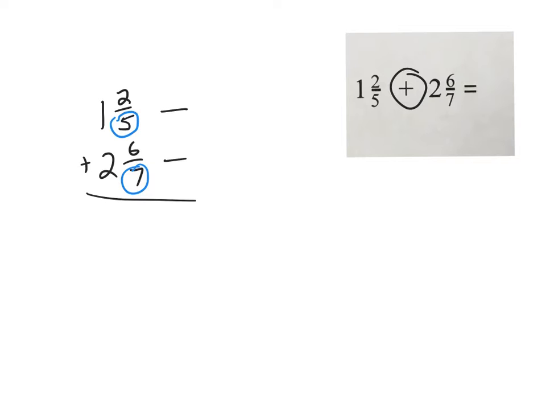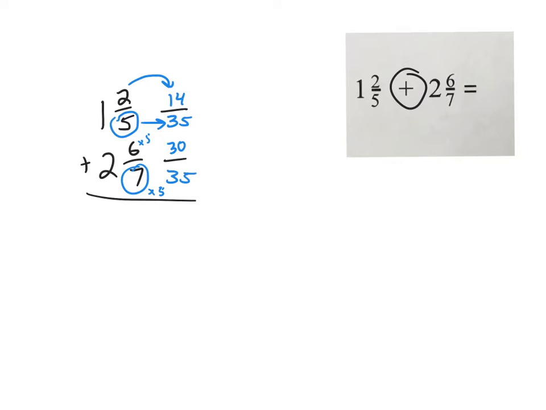The common denominator that we'll use is 35. So we're turning fifths into 35ths and sevens into 35ths. So we say 5 times what gives us 35? 5 times 7, so 7 times 2 gives us 14. 7 times 5 is 35, so 6 times 5 is 30.